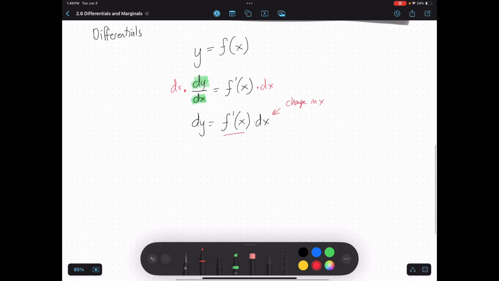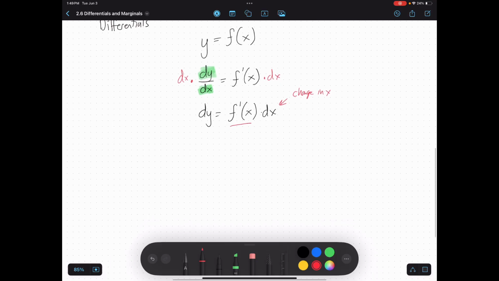So why would this be helpful? Let's say you have a function and you want to know how the y value will change if you tweak your x value. If you change your x value slightly, what effect will that have on your output value? What that effectively is, is delta y. Delta y represents your change in y value.